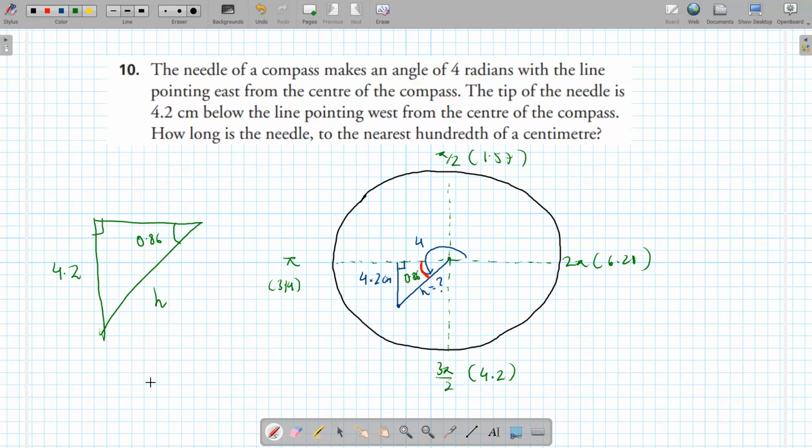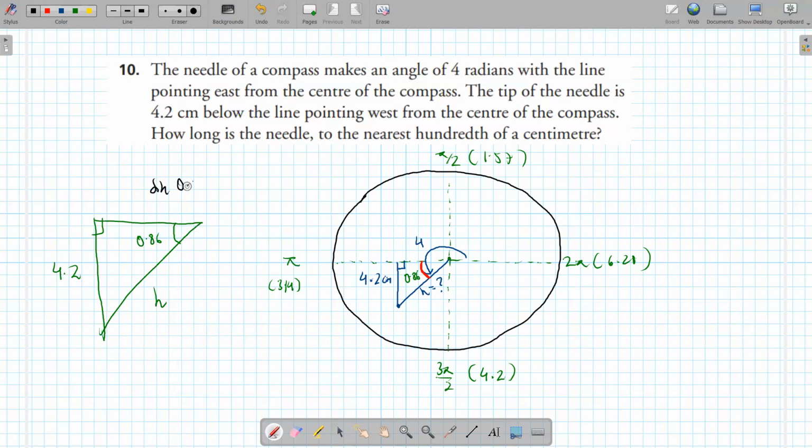Relative to 0.86, is 4.2 the adjacent or the opposite? The opposite. So it's not going to be cosine, it's going to be sine. It will be sine of that angle.